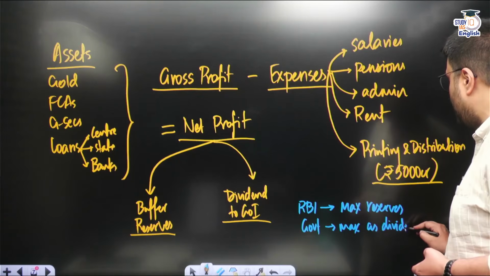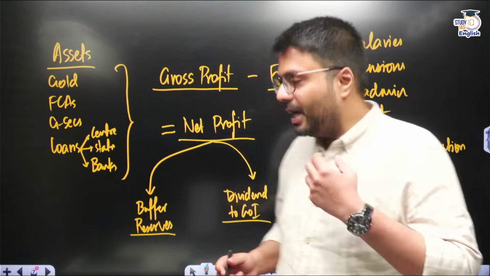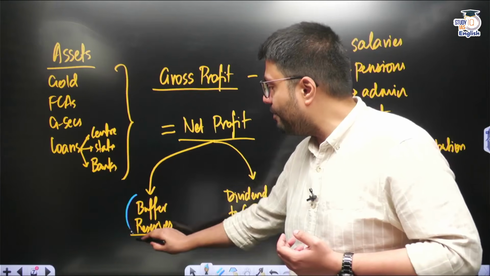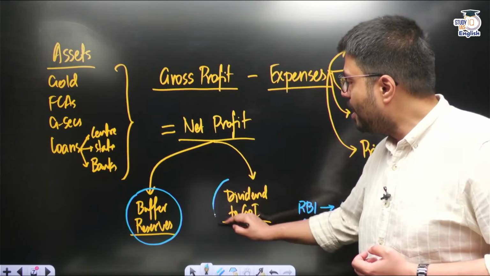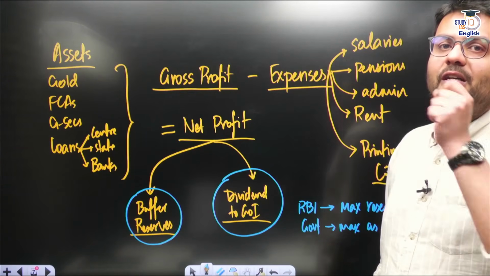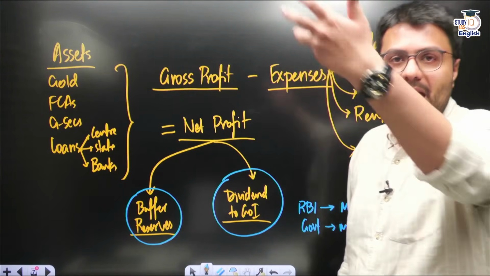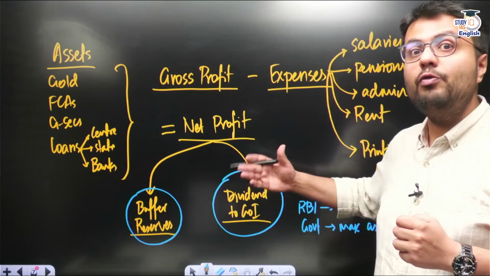And this is where the interests of these two entities come into conflict. Because if you were RBI, you'd want a significant chunk of the money as reserves, and if you were government, you'd want the RBI to transfer as much as it can as a dividend, because government has many other expenditure obligations and it can rely on these dividends to meet at least some of those expenditures.